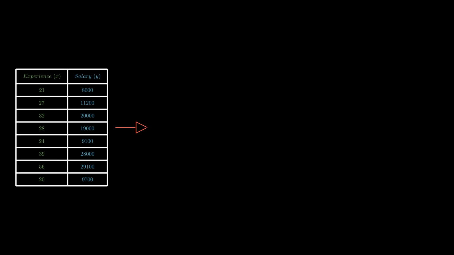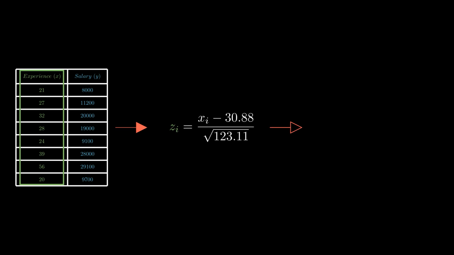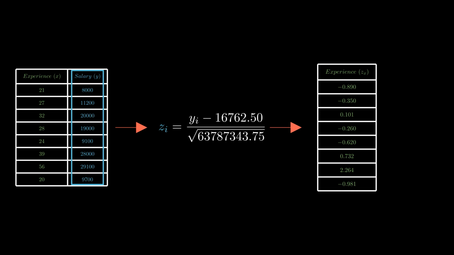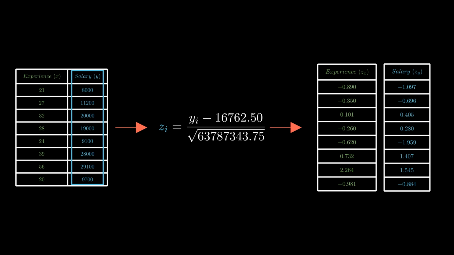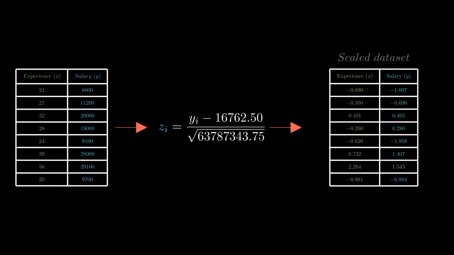So, first things first, in machine learning, before training a model, it's always a good idea to first standardize the dataset. This ensures that all features are on the same scale and with a mean of 0 and a standard deviation of 1. This helps the model learn more efficiently. So from now onwards, we shall be working with a scaled version of the dataset.